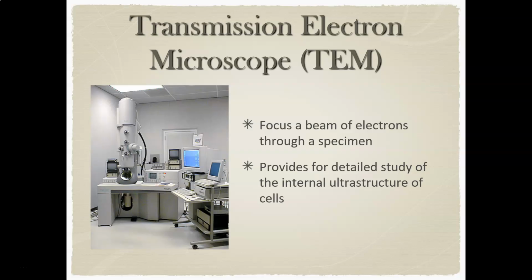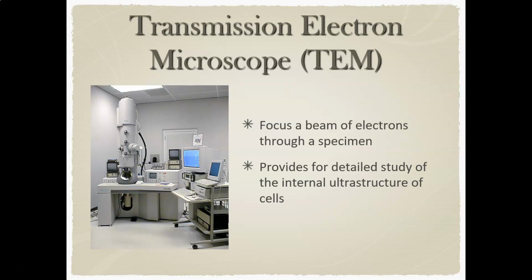What the collection plate and the computer are looking for is hits of electrons versus blank spaces, because that beam of electrons has now hit a hard surface and not been able to penetrate. Hopefully that makes sense, and that's how the computer determines the image. Transmission electron microscopes are really good for looking at internal structure. Okay, so I can look at things from the inside.